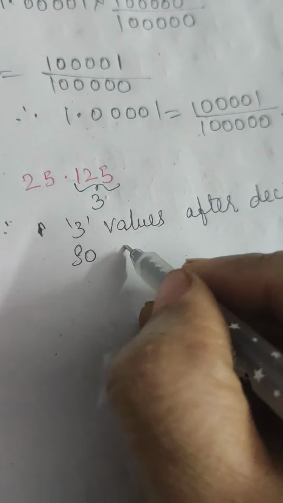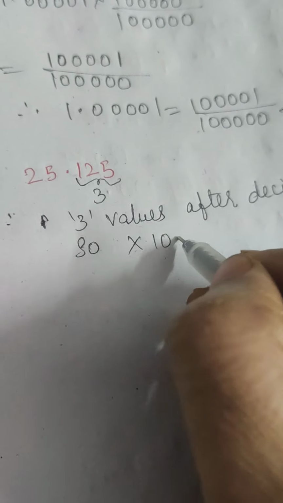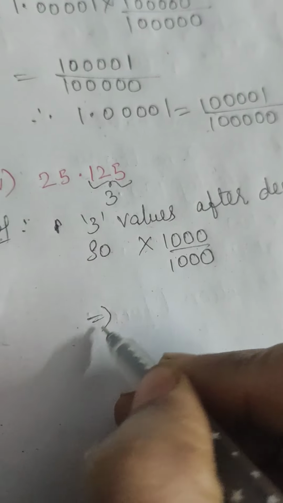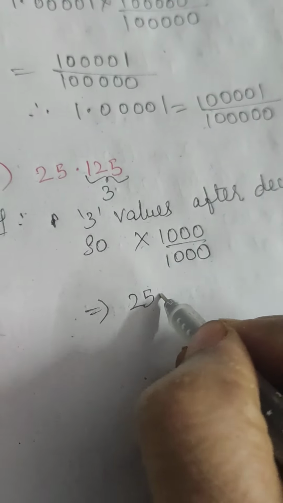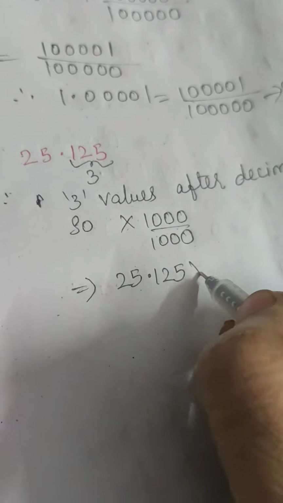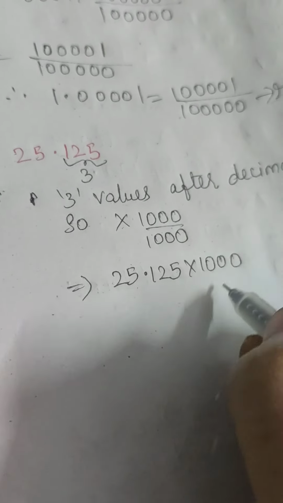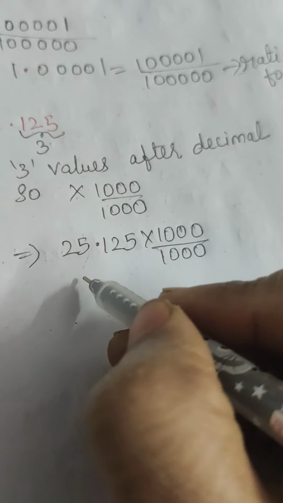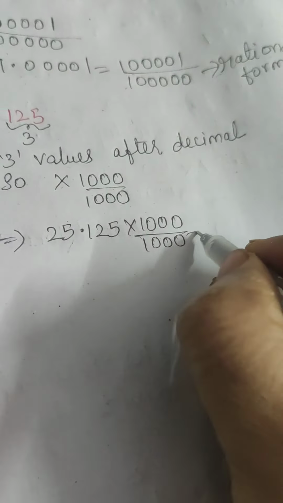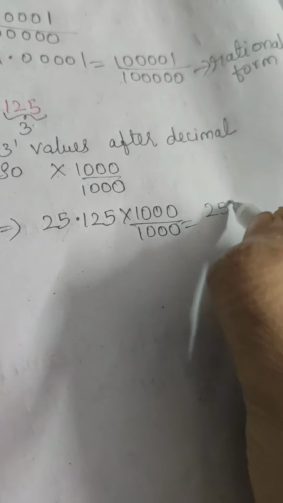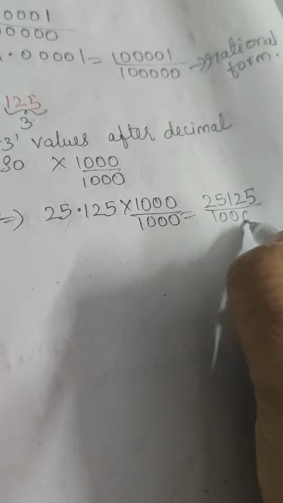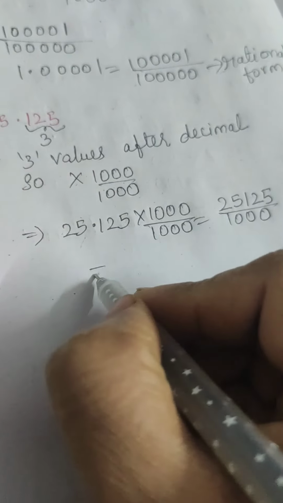So multiply and divide it by 1000. This implies 25.125 into 3 zeros by 3 zeros. The decimal point gets cancelled and we get 25125 by 1000. We can minimize this value.